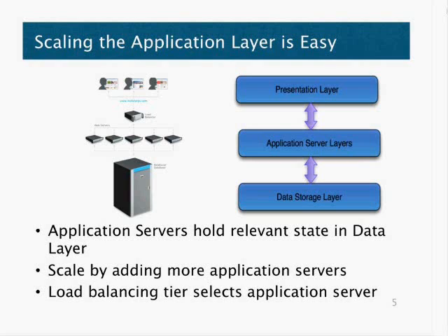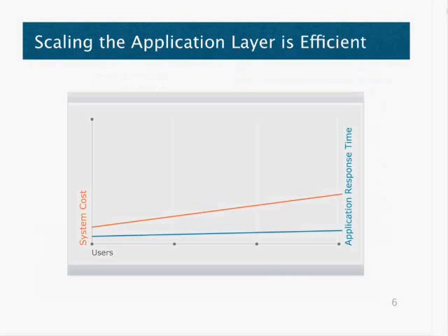You can see on this graph we've got the application response time in blue and the system cost in orange, and you see that with this model you can add more application servers. The latency basically stays reasonably constant or might go up a little bit as you have more and more.